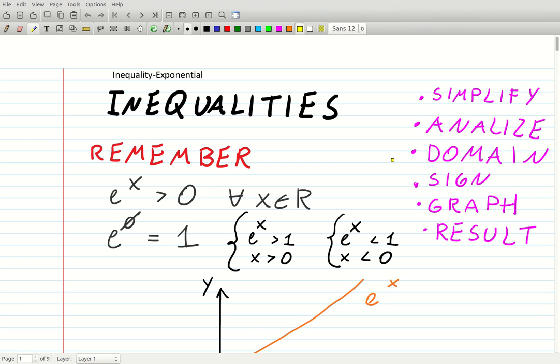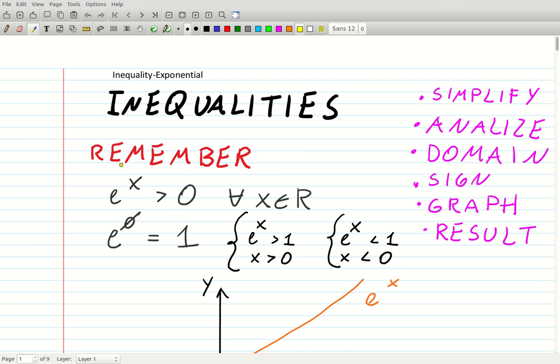After, we obtain the domain of the function, studying the domain of the elementary functions. After, we study the sign of the elementary functions to obtain a graph of the sign of the elementary functions. At the end, we can graph the results for the function we are studying: when it is positive, when it is null, when it is negative.